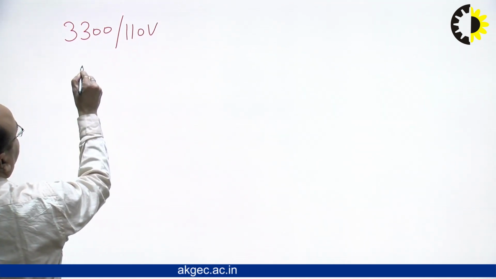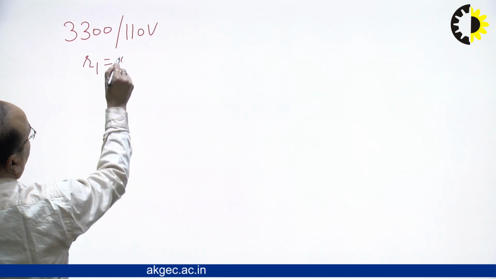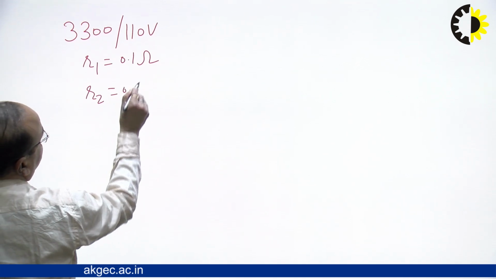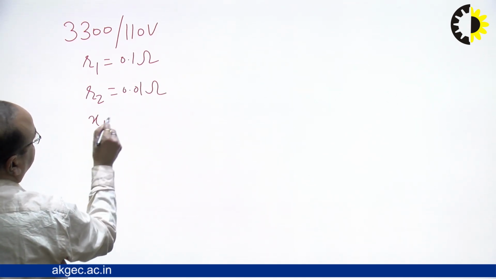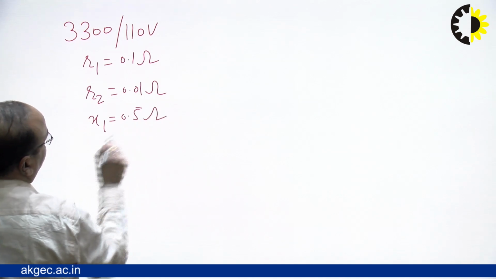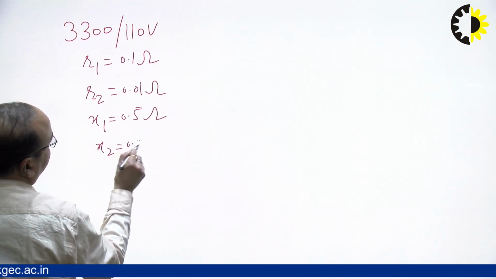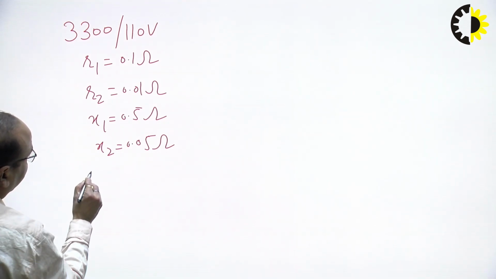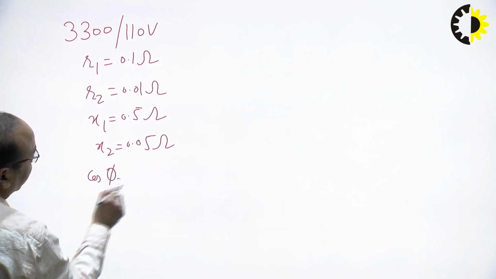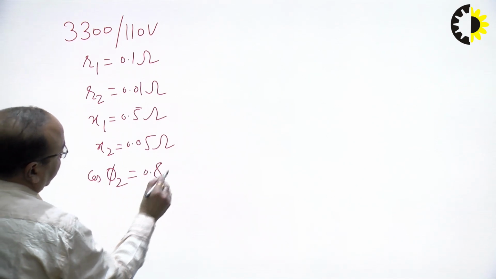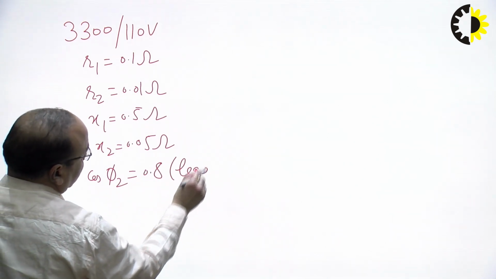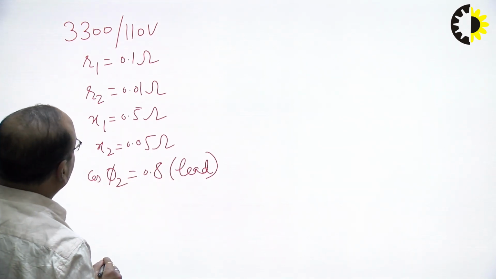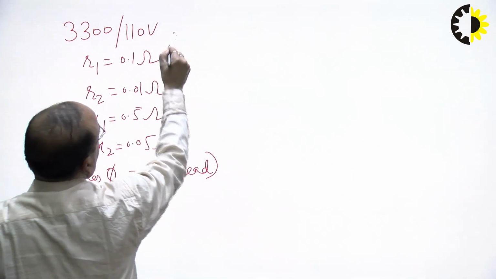We are given the data: R1 is 0.1 ohm, R2 is 0.01 ohm, X1 is 0.5 ohm, X2 is 0.05 ohm, and we are connecting a leading power factor load of 0.8 leading, and we are to find the voltage regulation of the transformer. Suppose the KVA rating of the transformer is 1 KVA.